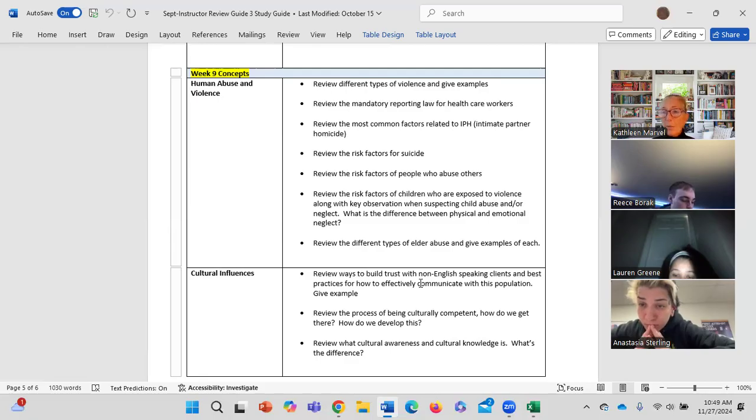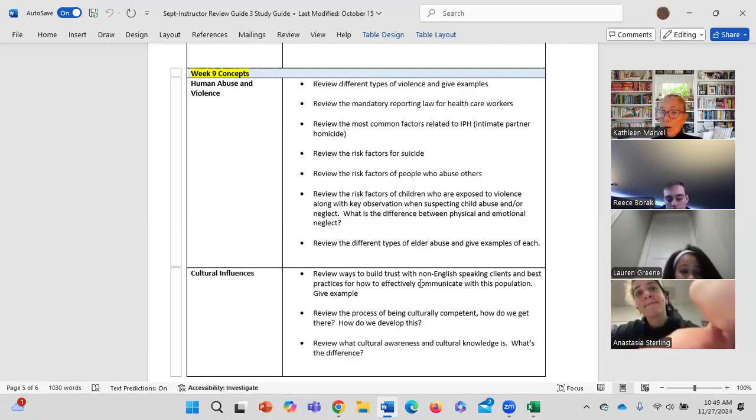Okay. What do we think? What are some risk factors for kids who are exposed to violence? They are at risk of being abusers themselves. They certainly are at risk for a lot of vulnerabilities, a lot of health disparities.